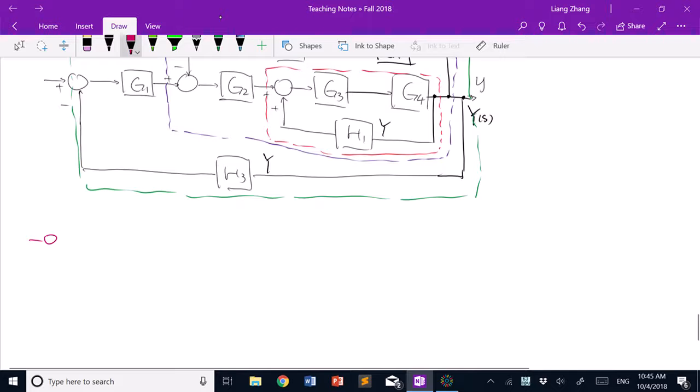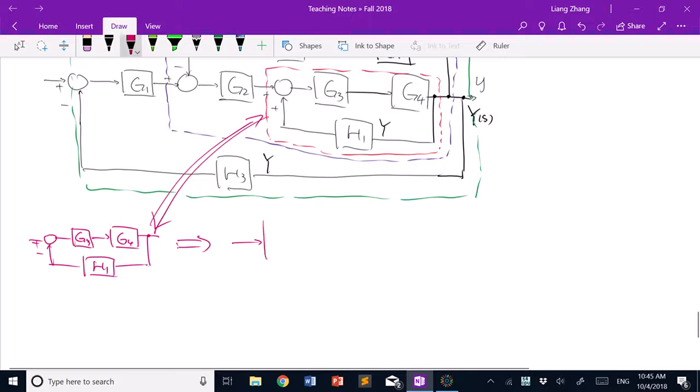Let's focus on the inner loops. So let me draw G4 here, right? And then this is my H1. That represents this one.